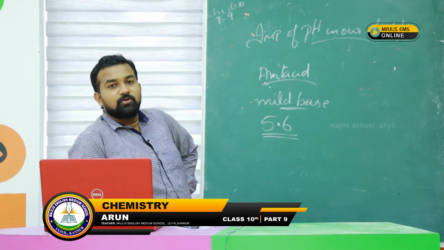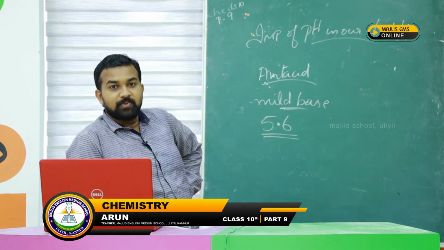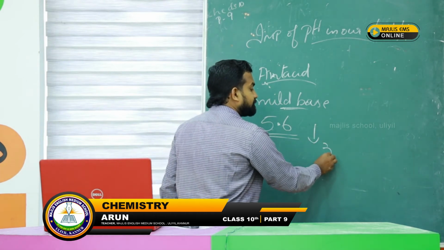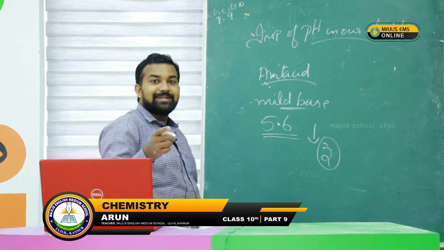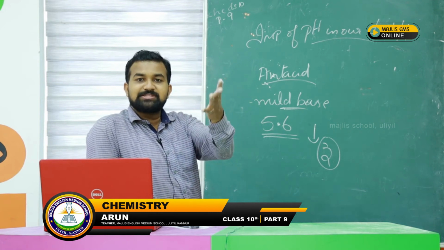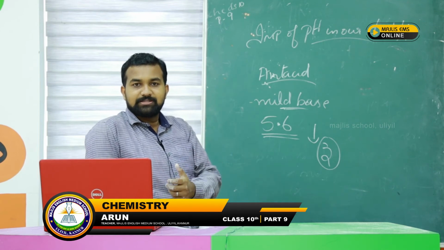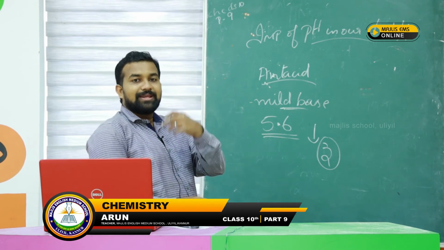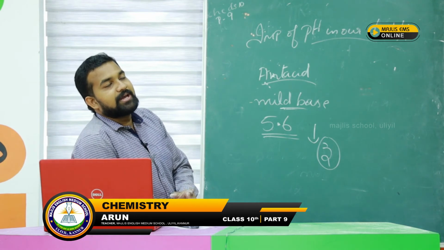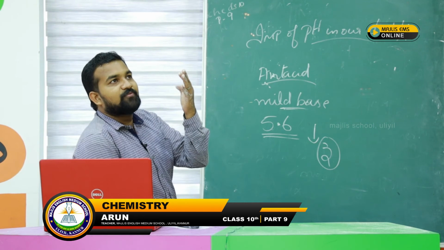Okay, so what will happen? When we are eating food, the 5.6 pH will get reduced to 3. That means the acidic content increases, because these food items, as I have told you, the fruits, the vegetables, etc., will have acidic content, like citric acid, acetic acid, etc. When we eat in the night and sleep, the pH of the mouth reduces from 5.6 to 3.